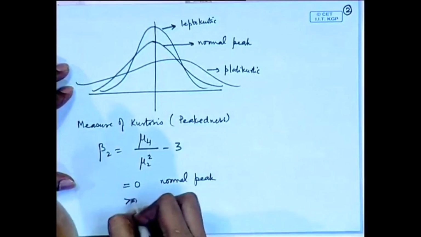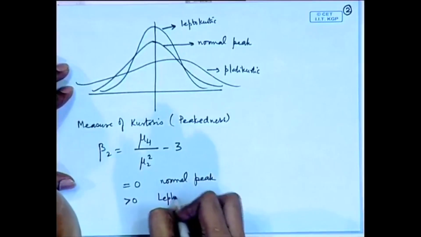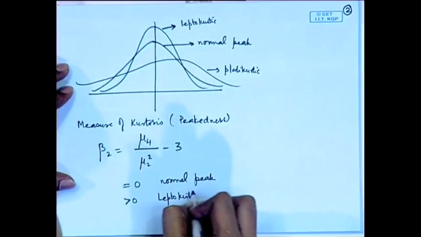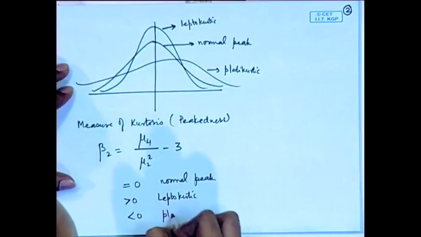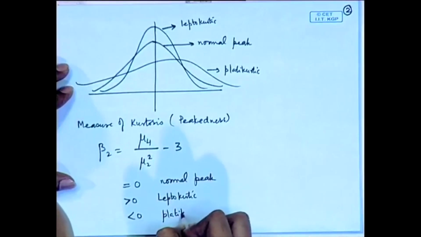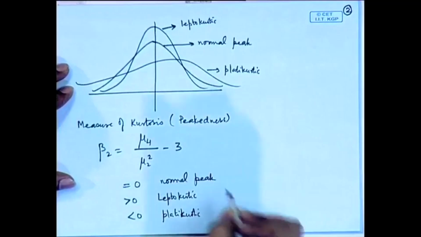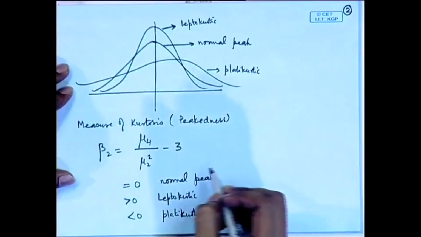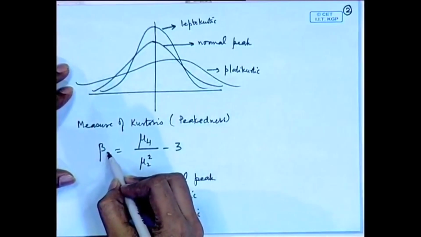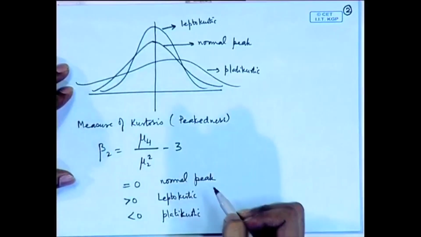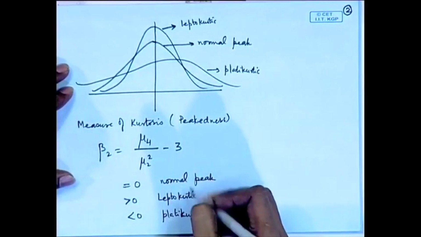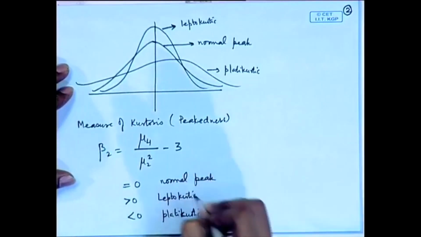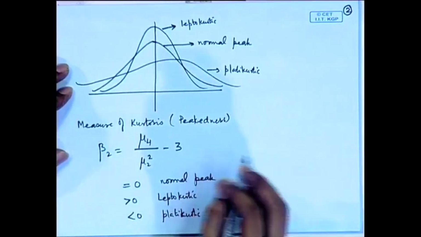If it is greater than 0, it is leptokurtic, and if it is less than 0, we call it platykurtic. The normal distribution, which will be defined later on, will have the coefficient beta 2 equal to 0. So, the peak of any distribution is actually compared with the peak of a normal distribution.